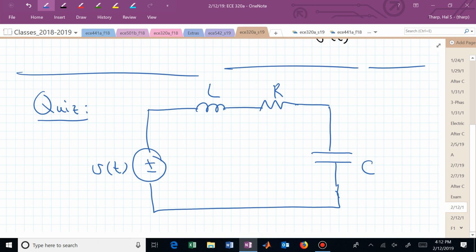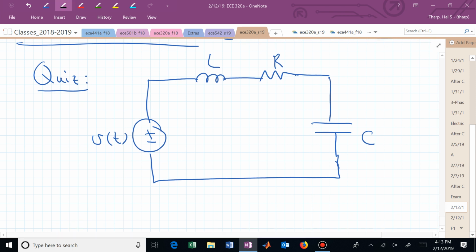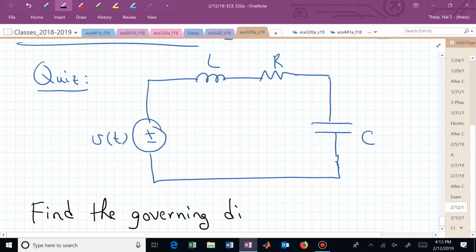Maybe you can write the differential equation down in your sleep, but now put it down on paper and see what you have. What is the differential equation, or how do you begin that process? What I'm wanting you to do in this quiz is find the governing differential equation.